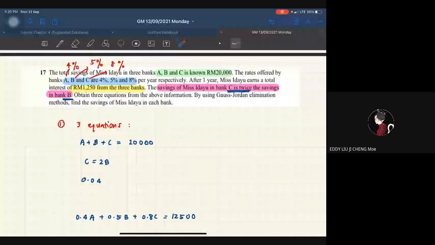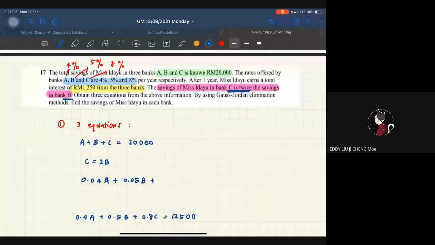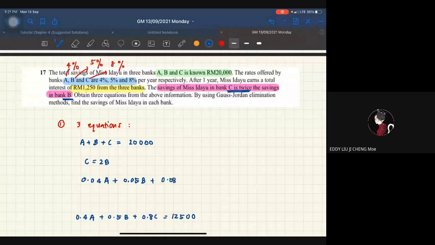Okay, so 0.04 ni adalah dia punya rate dekat bank A. So 0.04 times A, plus 0.05 times B, plus 0.08 times C equals to 1250.